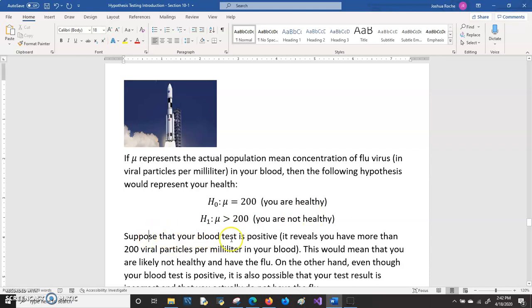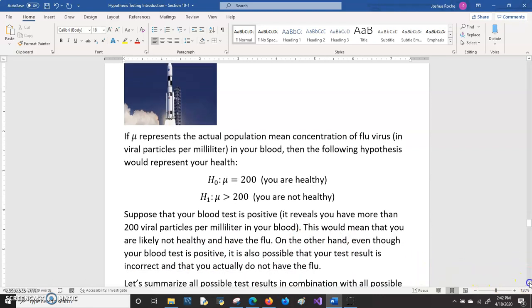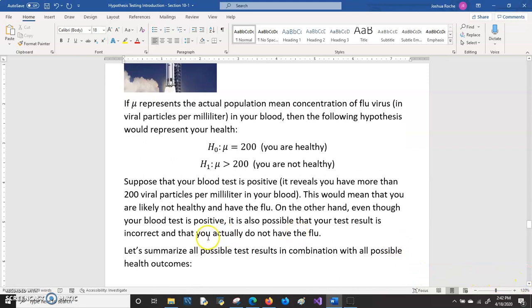Suppose that your blood test is positive. In other words, it reveals you have more than 200 viral particles per milliliter in your blood. This would mean that you are likely not healthy and you have the flu. On the other hand, even though your blood test is positive, it is possible that your test result is incorrect and that you actually do not have the flu.